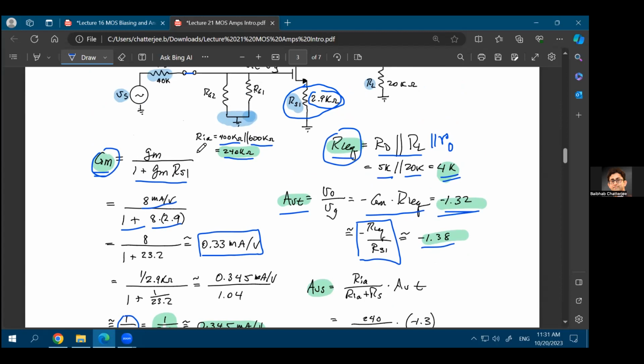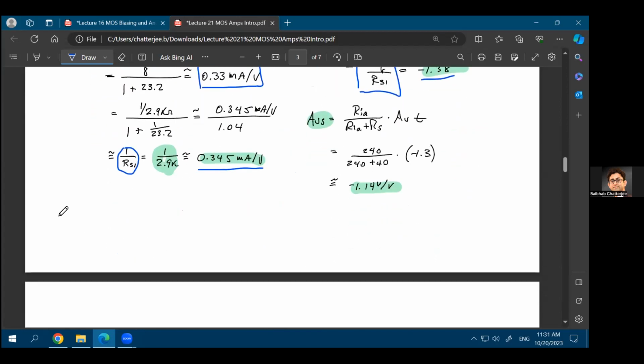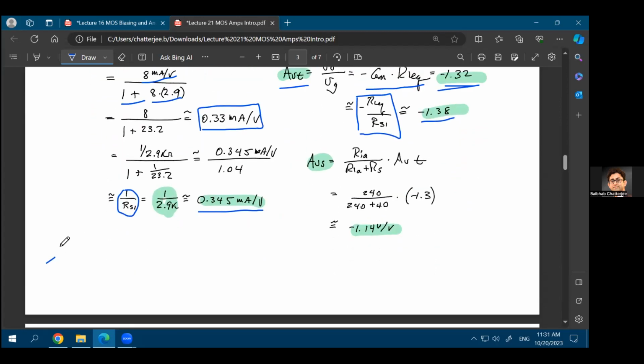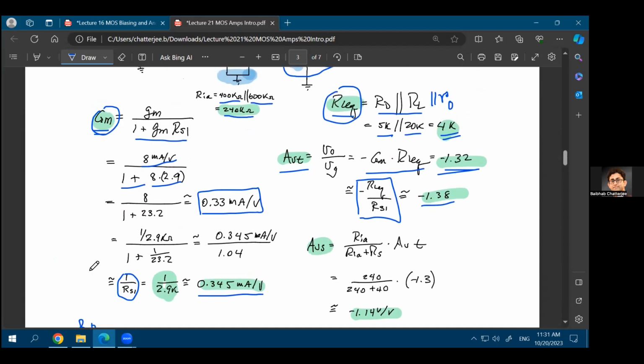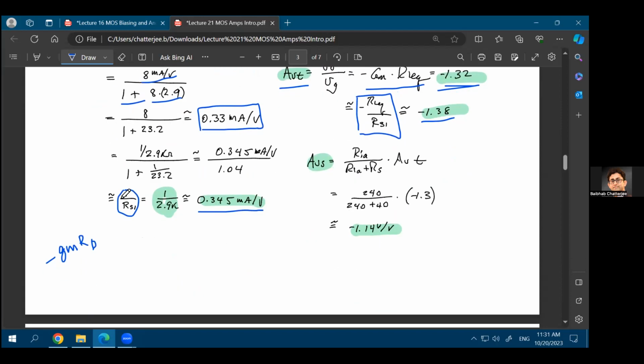So now, what that means is that if your original gain without the source degeneration resistance was gm times RD, what we are saying is that instead of this small gm, if you consider a capital GM of 1 upon RS1, that would also be very similar to the gain of the source degenerated circuit. So you replace GM with 1 upon RS1, you get minus RD divided by RS1. That's what we said in the beginning, that with source degeneration, your effective gain becomes minus RD divided by RS.